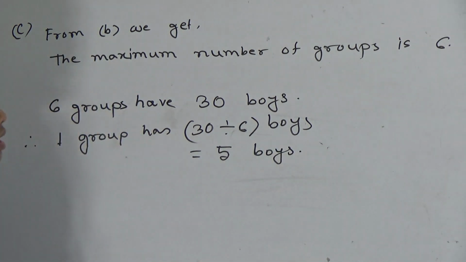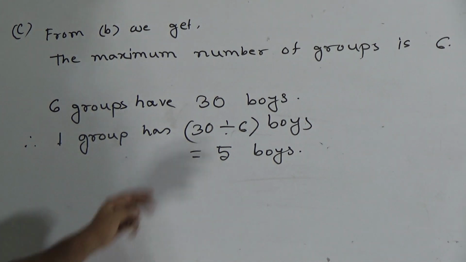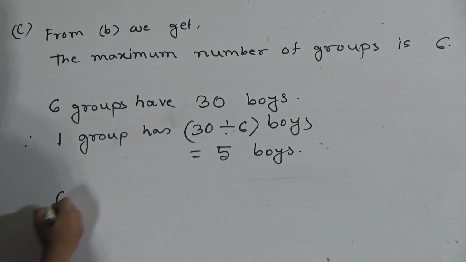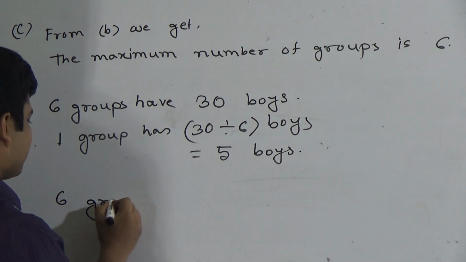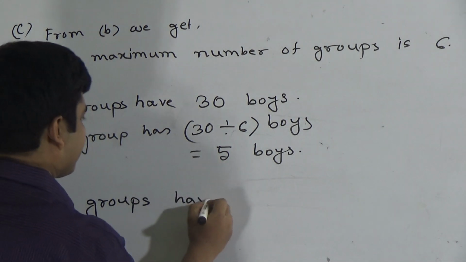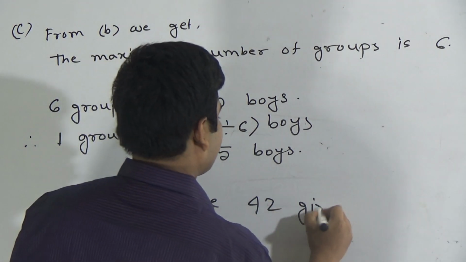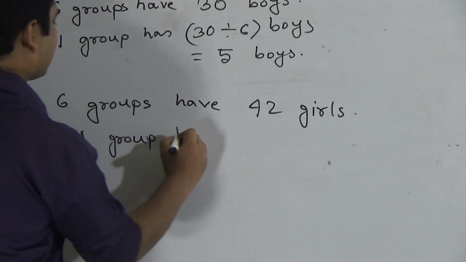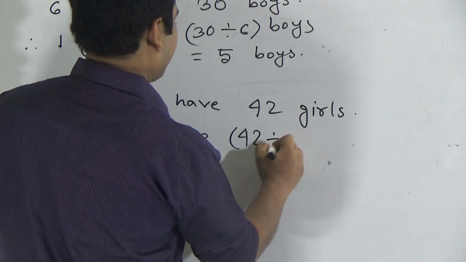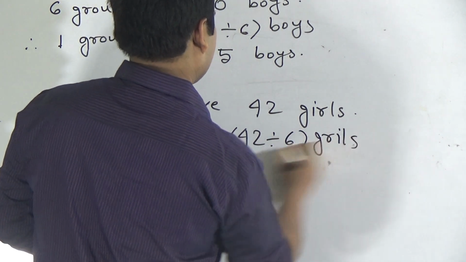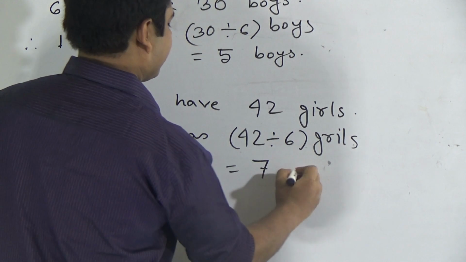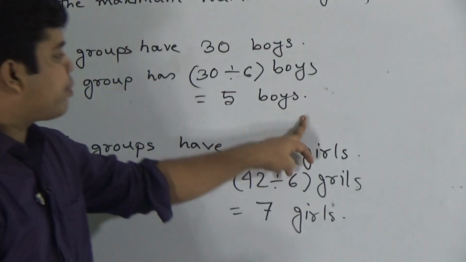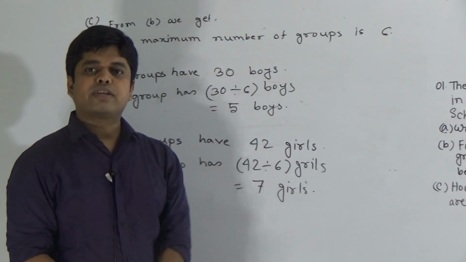So the number of boys in each group we have found, which is 5 boys. Next, in a similar way, find the number of girls in each group. 6 groups have 42 girls. So one group has, we divide 42 by 6. 6 7s are 42. So 7 girls. So each group has 5 boys and each group has 7 girls.